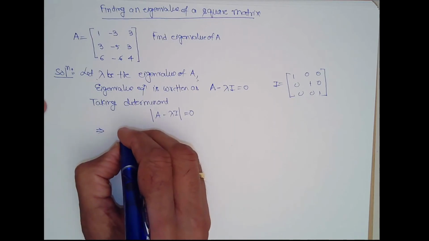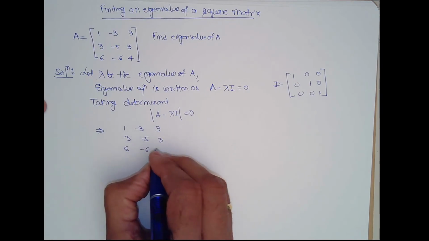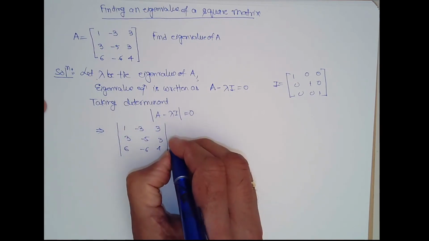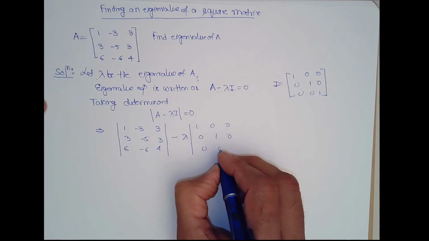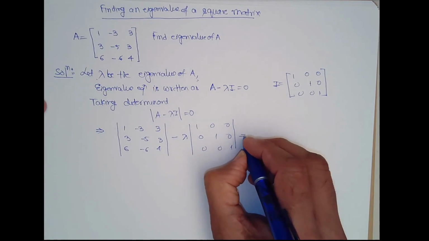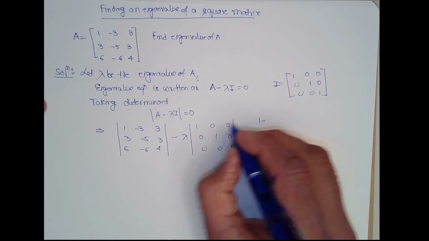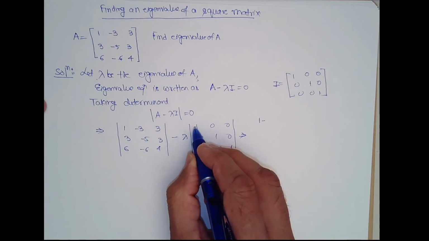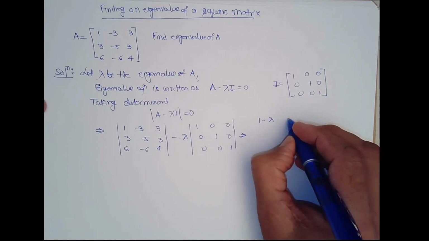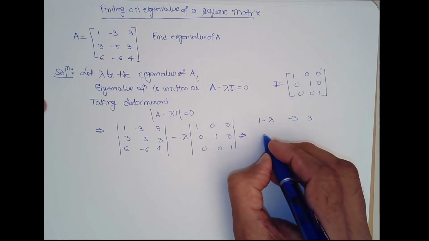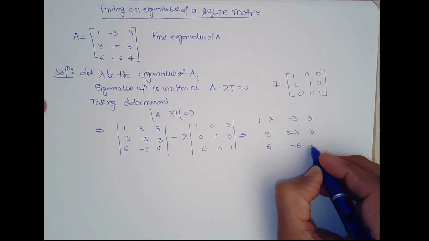If I write A as 1 minus 3 3, 3 minus 5 3, 6 minus 6 4, minus lambda times 1 0 0, 0 1 0, 0 0 1, this gives 1 minus lambda, minus 3, 3; 3, minus 5 minus lambda, 3; 6, minus 6, 4 minus lambda.